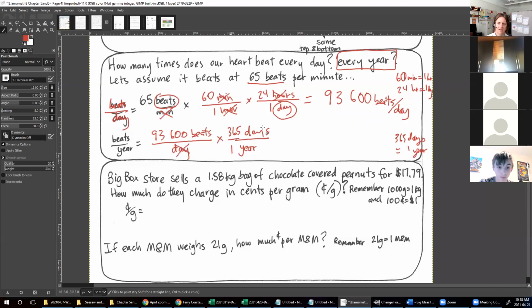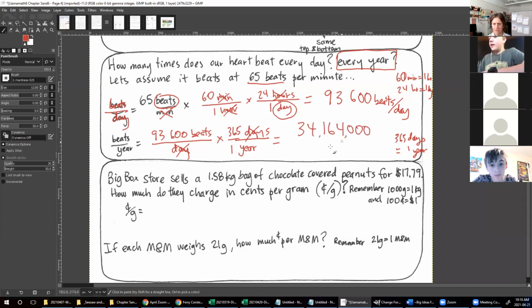My day units cancel out because of the bottom and the top. You can't have bottom and bottom or top and top. They won't cancel out. But if you have a bottom and a top, they cancel out. So we have 93,600 beats times 365. Okay, this is a very large number. 34,164,000.